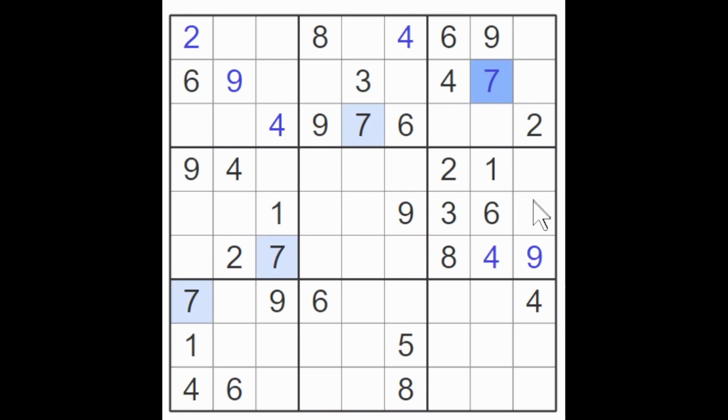And a 5 blocking up here forces a 5 to go here or here. But that's not really helpful because we only have this other 5 in the grid. But a ghost 7 here puts a 7 in one of these 2 squares, right?